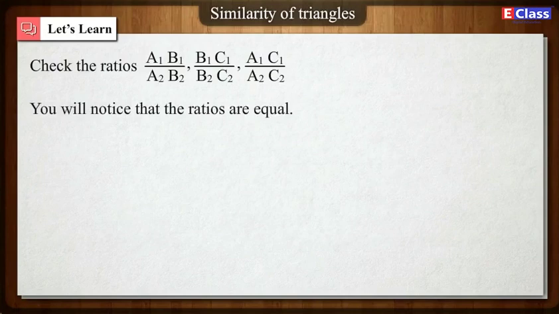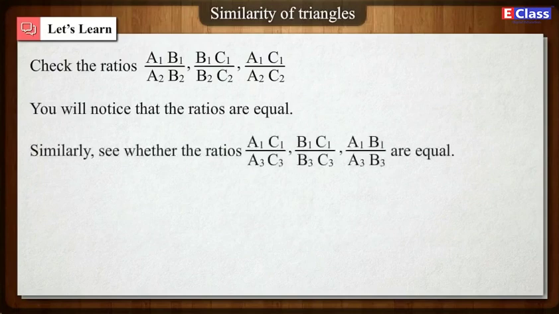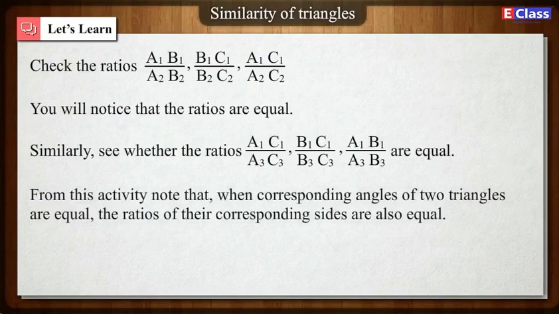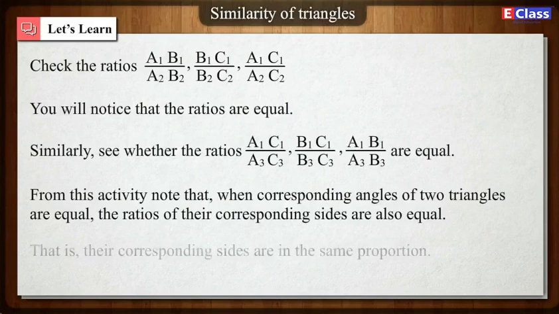Similarly, see whether the ratios A1 C1 upon A3 C3, B1 C1 upon B3 C3, A1 B1 upon A3 B3 are equal. From this activity, note that when corresponding angles of two triangles are equal, the ratios of their corresponding sides are also equal. That is, their corresponding sides are in the same proportion.